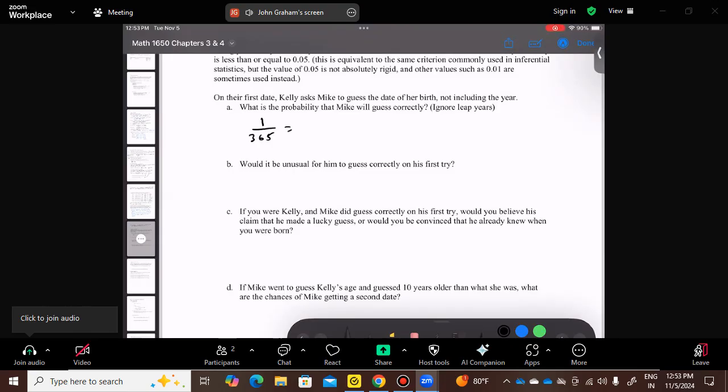Okay, this works out to be a probability of 0.0027 or 0.27%, much less than 5%. Much less than 5%. Okay, so yes, it would be unusual, and she would think he knew somehow.